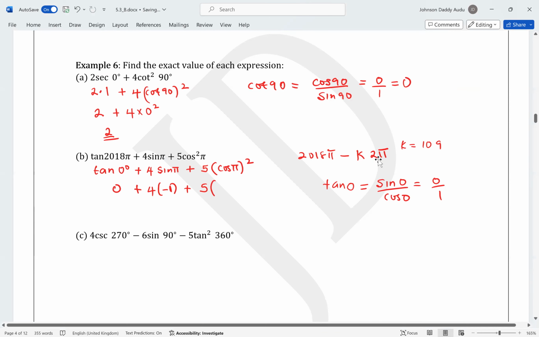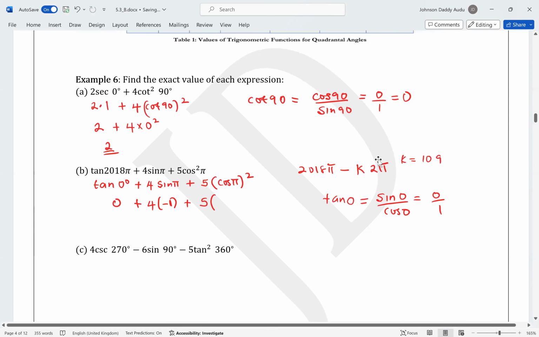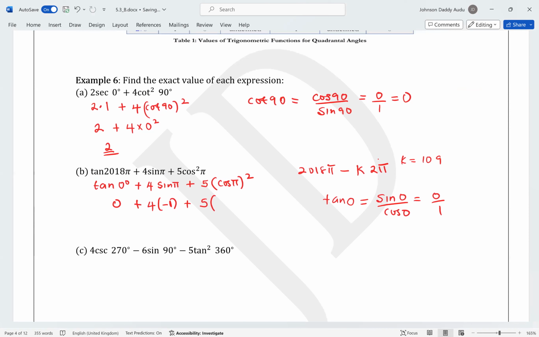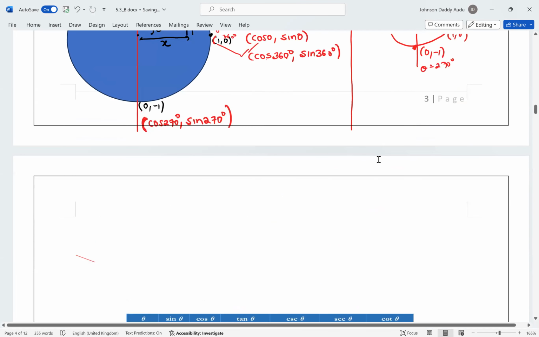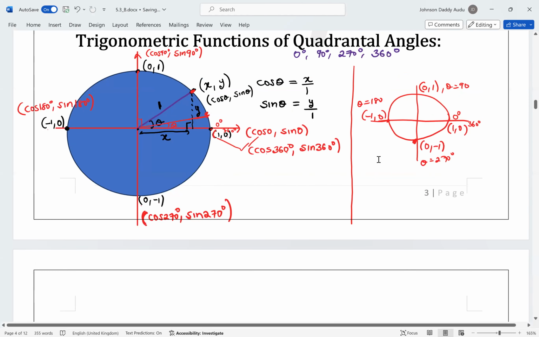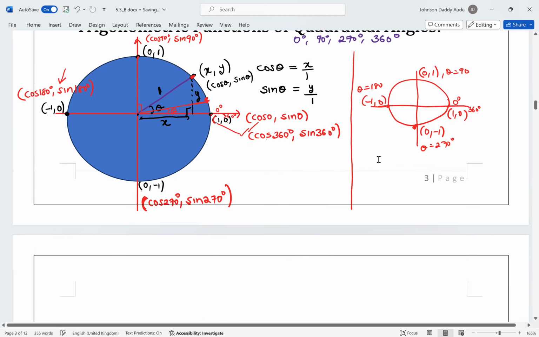Sorry, sine 180 is 0, right? Let's go back here to check this one. So where is 180 degrees? This is 180 degrees. So sine 180 is 0, but cosine 180 is minus 1.